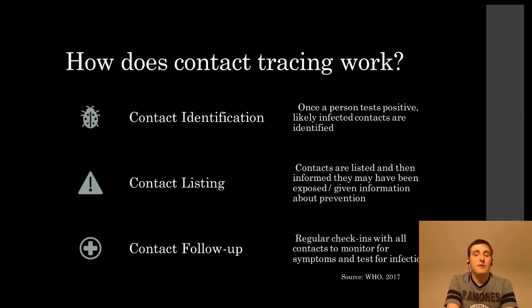Then they give them information about prevention and testing. That's critical because if that person goes and gets tested, they can inform their contacts. So this allows people an opportunity to go get tested and it allows them to understand about prevention. So if they have been exposed, they can stay home.